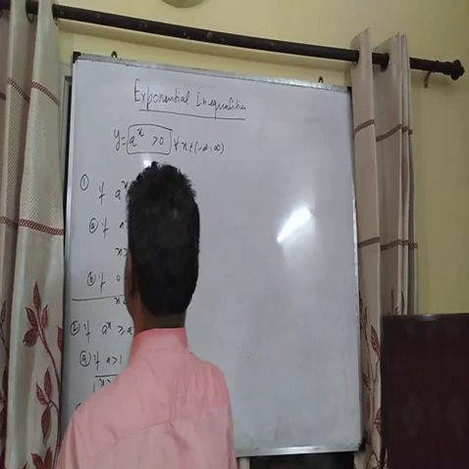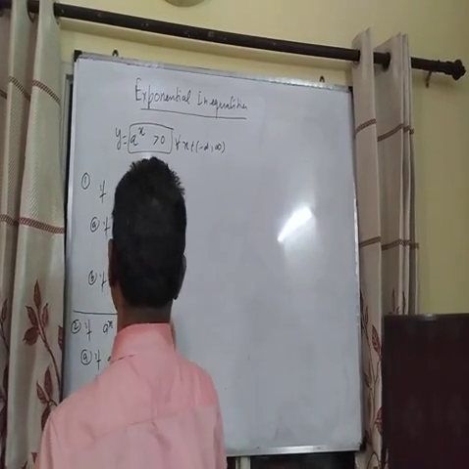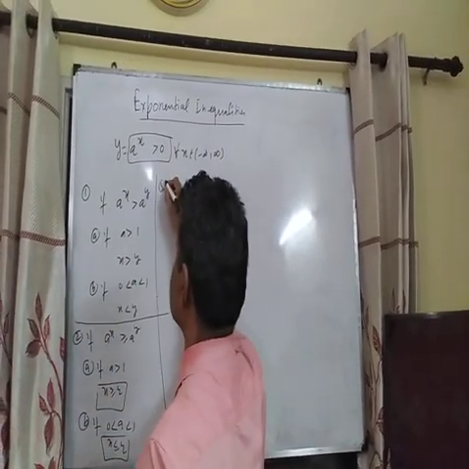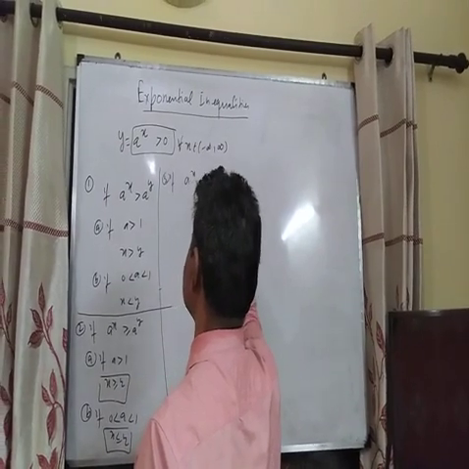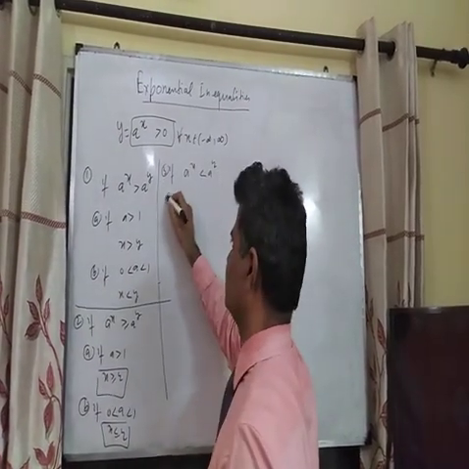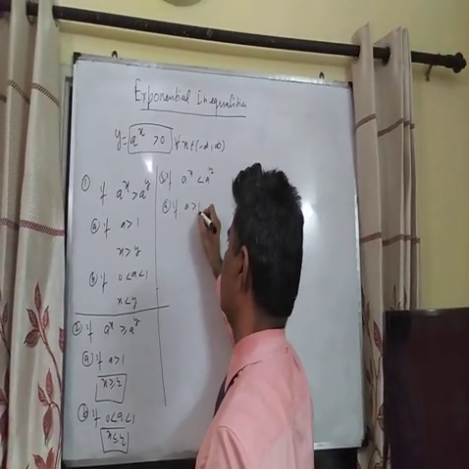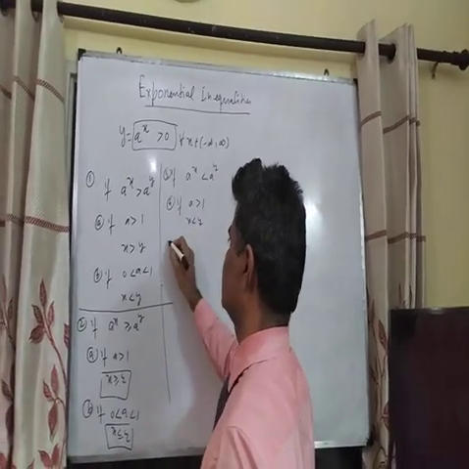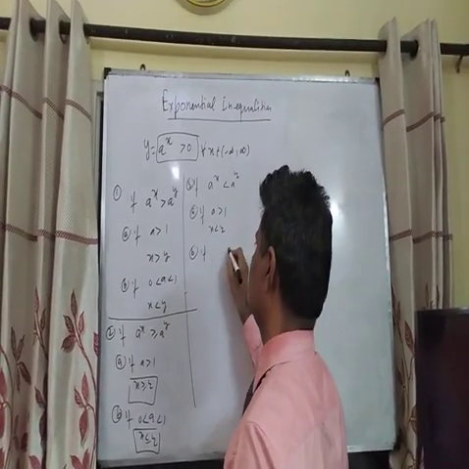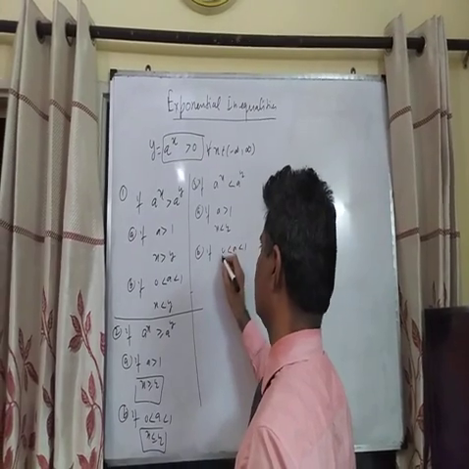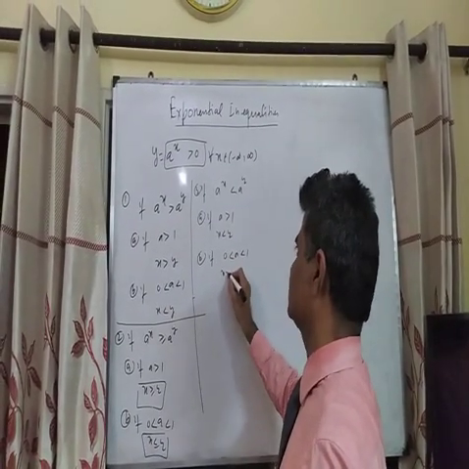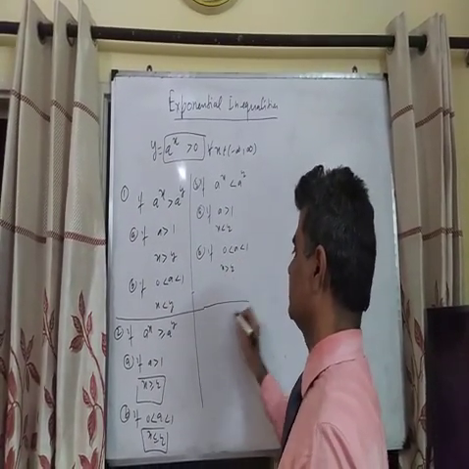Now, third case, if a to the power x is less than a to the power y, first case, if a is greater than 1, then x is less than y. Second, if a lies in between 0 and 1, then x will be greater than y.